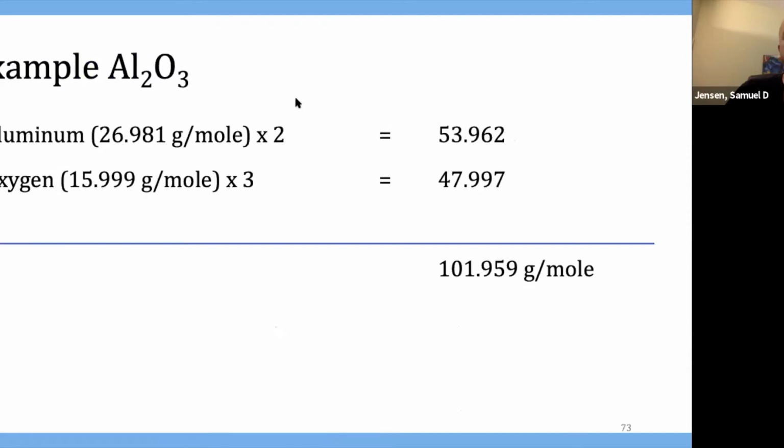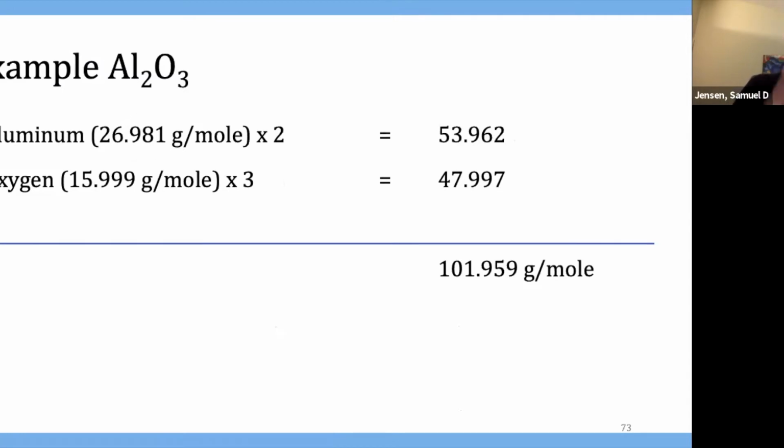So if we look at an example here for what we're going to call aluminum oxide, there are 2 aluminums and there are 3 oxygens. So when we're doing the molecular weight, this value here, 26.981, comes from the periodic table.